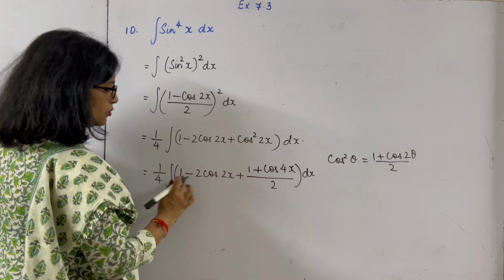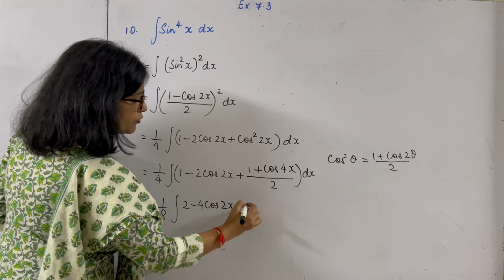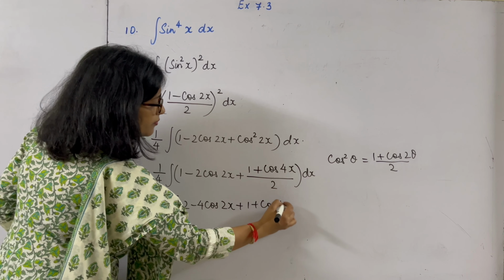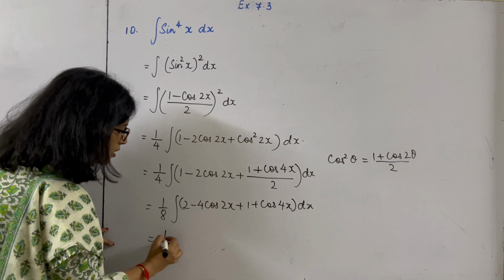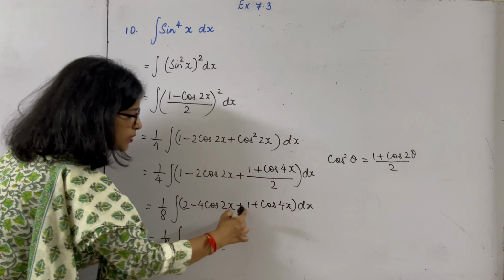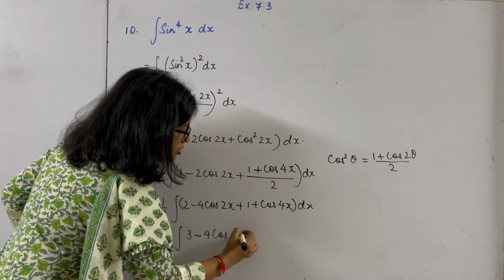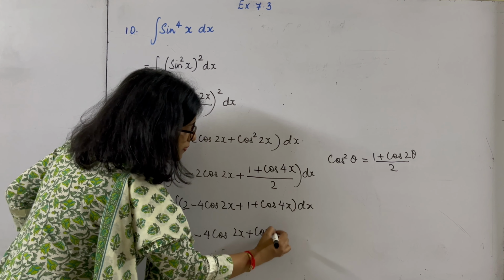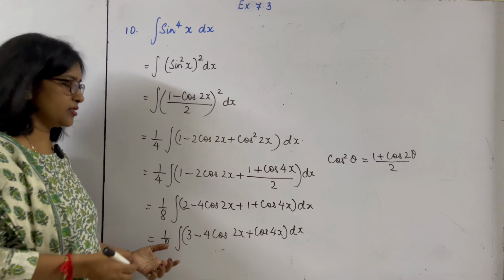So we'll have 2 here, 4. On further simplification, it becomes 1 upon 8 integration of 3 minus 4 cos 2x plus cos 4x, and now the only thing left is to integrate this function. So it's more of simplification and the integration is quite easy.